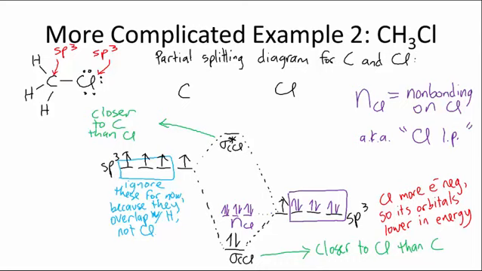All right, so far I've only considered the carbon and the chlorine. I ignored the hydrogens because it's kind of a pain to put all that in one splitting diagram. This is why we're going to move from drawing splitting diagrams to just drawing what's in the middle.